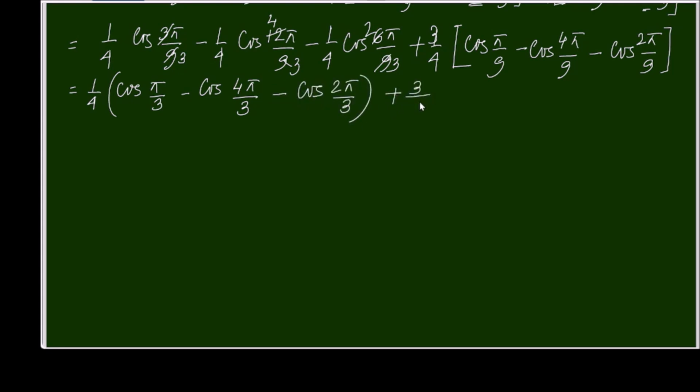Plus, in the second term, 3 by 4, it will be cos pi by 9. I'll take minus common so that it will be cos 4 pi by 9 plus cos 2 pi by 9.